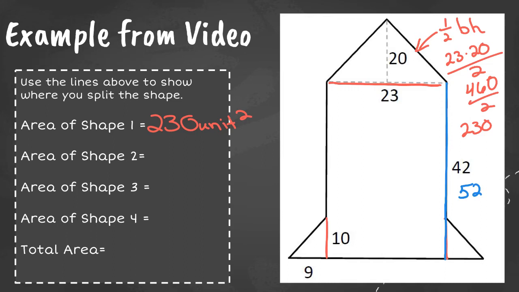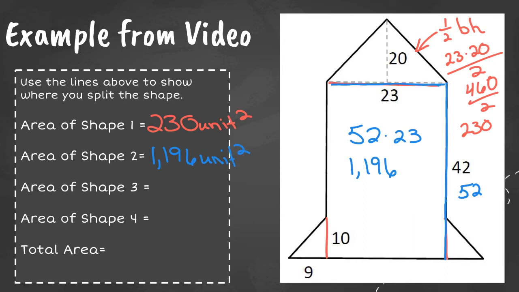So my length would actually be 52. And then my width is still going to be that 23. So for this, I'm going to have to do 52 times 23, which is 1,196. We wouldn't divide by 2 because length times width is the area formula for a rectangle.